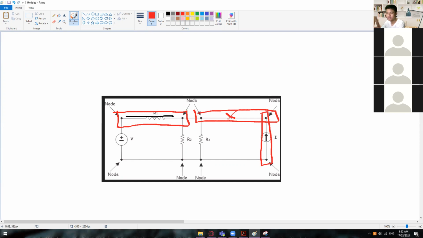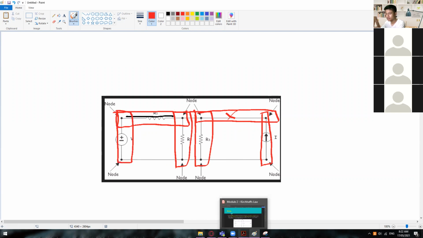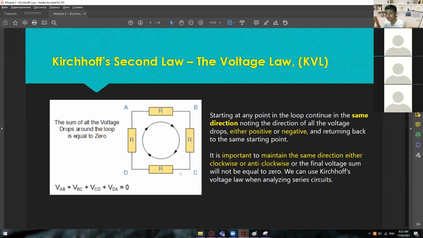So you can only call it a branch if it's between nodes and it has a component between or inside of that. Like this one, it has R1, this one has the current source, this one is another branch, and then another branch. Those are what we are calling branches.